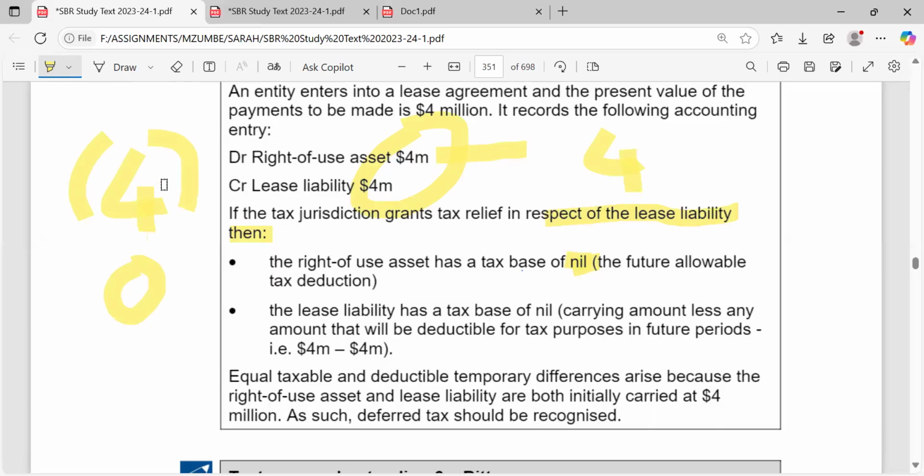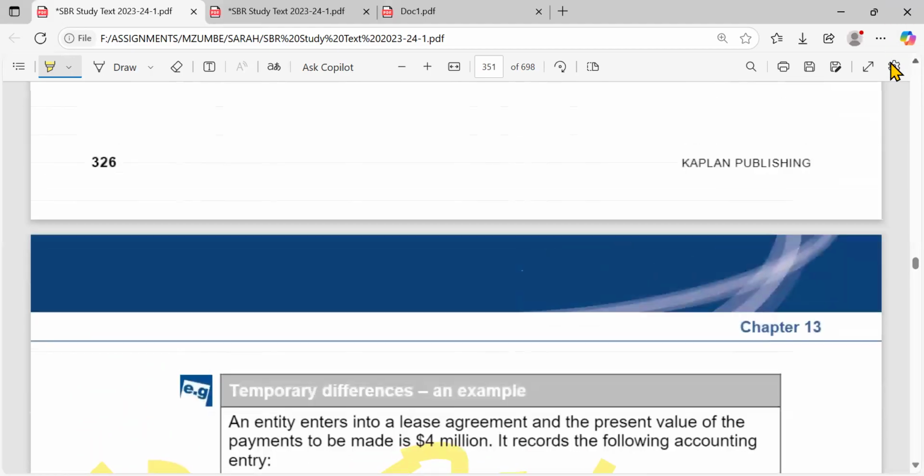So it is still negative, right? So this one is taxable and it is deductible because we have to be provided with the allowance. So we be taxed 4 and then deduction is 4. It has the same figure. That's why you say in case we have equal taxable and deductible temporary difference, then we should record a deferred tax.